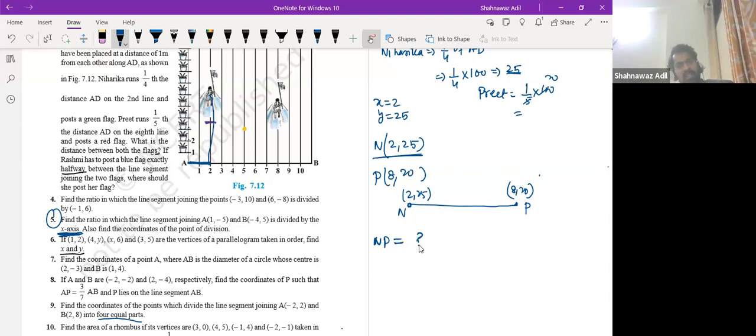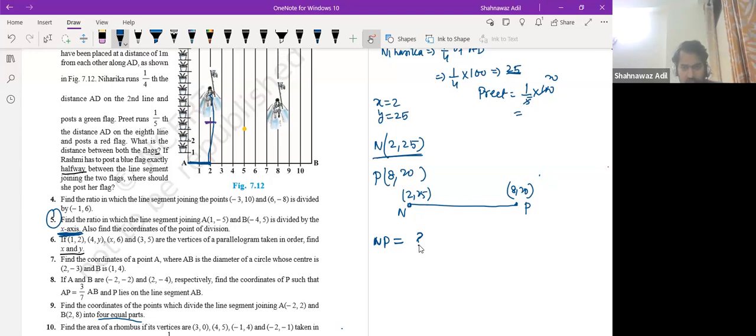First, please calculate NP and tell. Sir, root 74 units.